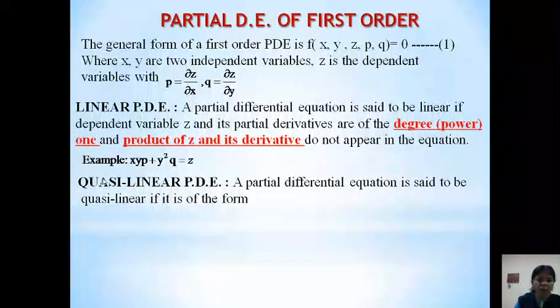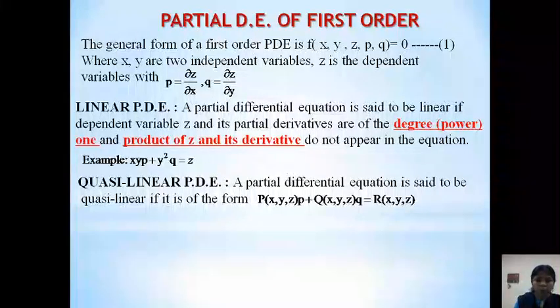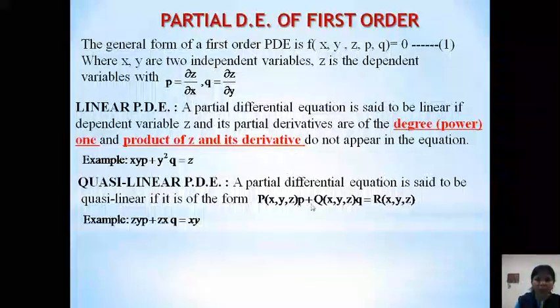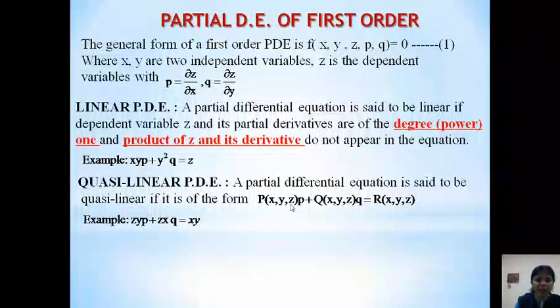Now here we have one more important definition, quasi-linear partial differential equation. A differential equation of the form P(x, y, z) p + Q(x, y, z) q = R(x, y, z), where small p and q are obviously the derivatives of the dependent variable z with respect to x and y respectively. Here you will find that the degree of p and q is 1, right?